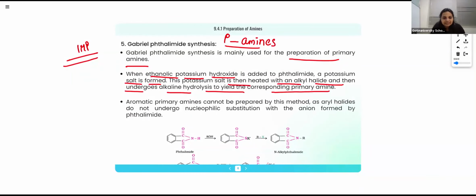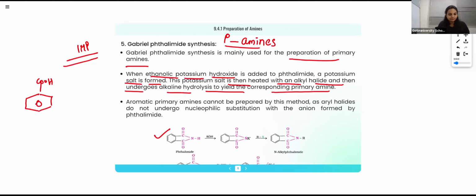See, this is phthalimide. What is phthalimide? You know phthalic acid, right? I have to start from benzoic acid, then only you will know what phthalic acid is. This is benzoic acid.